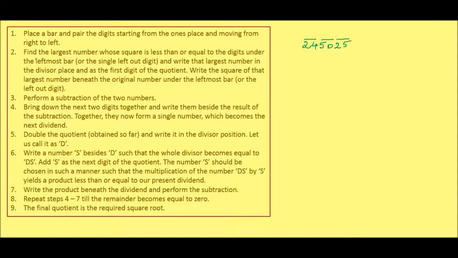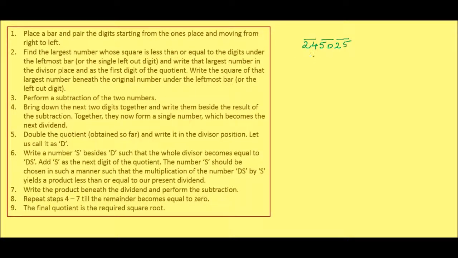Rule number 2. Find the largest number whose square is less than or equal to the digits under the leftmost bar. The number formed by the digits under the leftmost bar is 24. So we have to find the largest number whose square is less than or equal to 24.